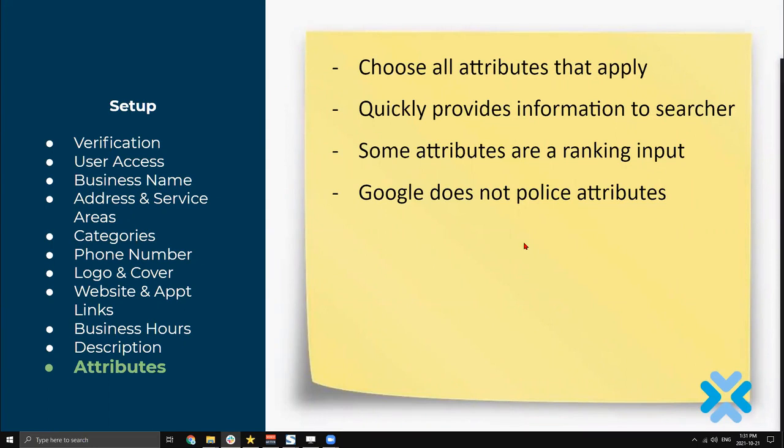And the last thing I want to mention is that Google does not police these attributes. So you can pick whatever you feel like. We talked about that. There was someone, a lawyer, a solo practitioner lawyer. He looked white, he said black owned on his listing, and we went to Google and said, well, can they do that? And Google's like, we don't care. They could pick whatever they want.